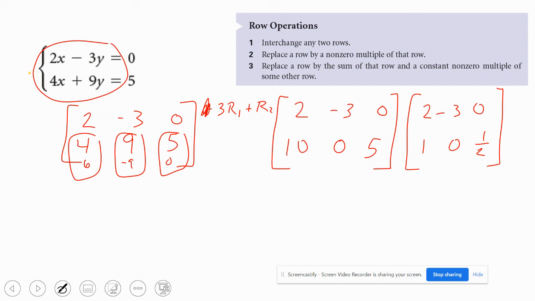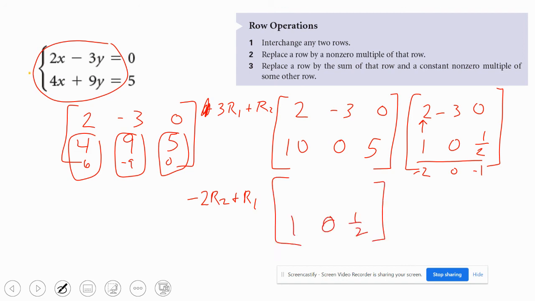Now I want to get rid of this 2 and make that a 0. So I'm going to multiply -2 times row 2, add it to row 1. Again, I'm going to write my -2 times row 2 right underneath it. So -2, 0, -1. So I'm just adding up. That one's already solved. Don't mess with it. -2 plus 2 is 0. 0 plus -3 is -3. -1 plus 0 is -1.